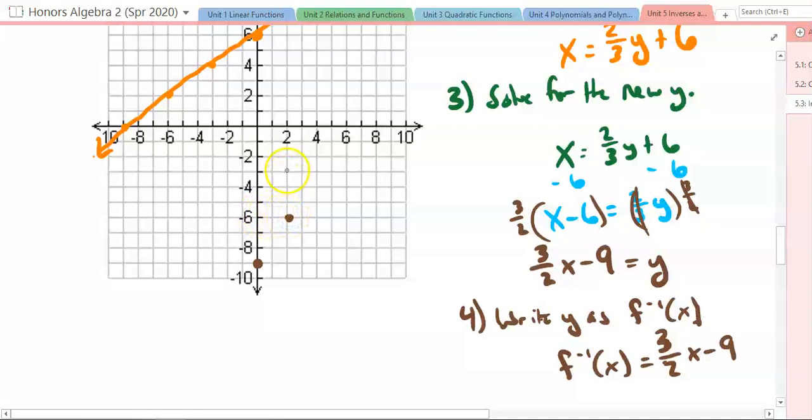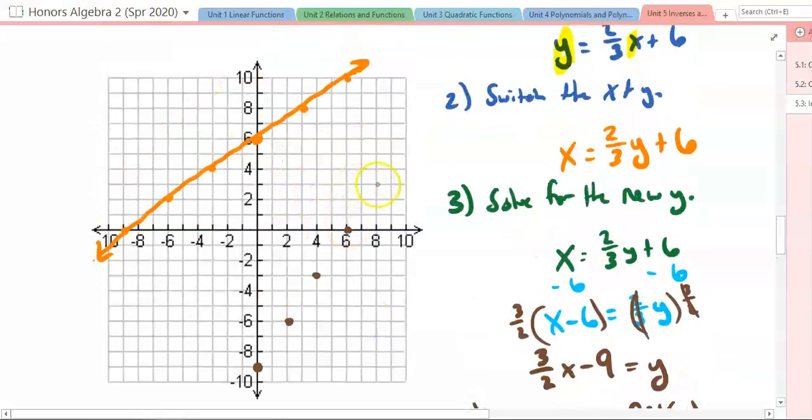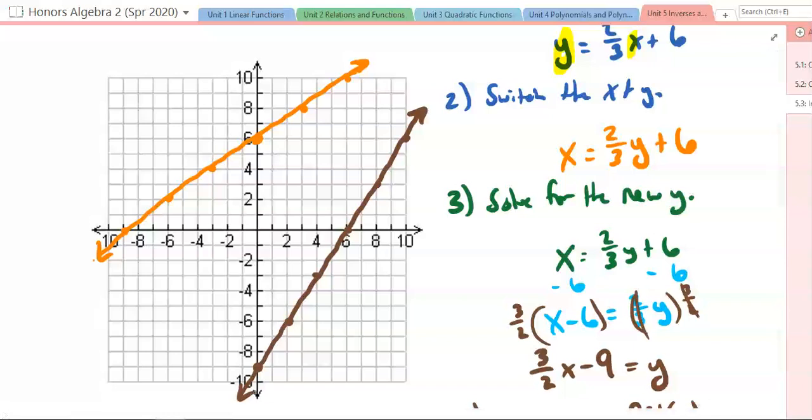Up 3, right 2, and so on. And so what we see is this brown line here. Now, it may not look it, but these two lines are not parallel, and they eventually will cross one another.